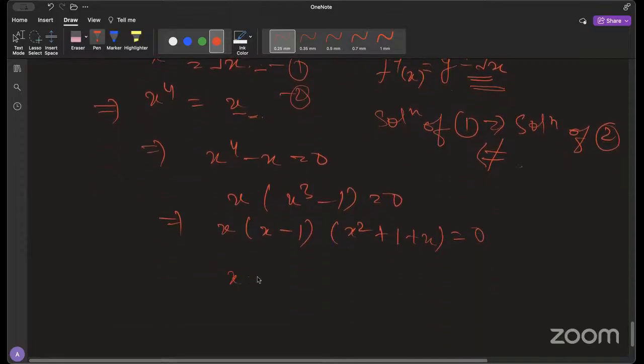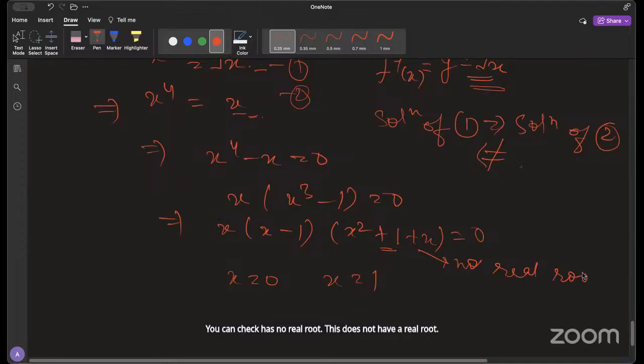This gives us x equals 0, x equals 1, and this quadratic has no real root. You can check it using the quadratic formula, which will give you minus 1 plus minus root of 1 minus 4. So the discriminant is negative, and this is a complex number, so the roots are not real.